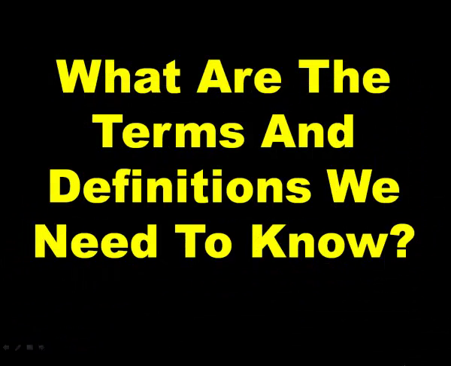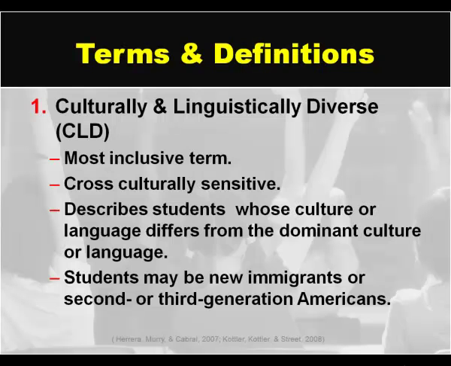What are the terms and definitions we need to know? There are 9 essential terms that need to become part of your professional vocabulary. Number 1, cultural and linguistically diverse, acronym CLD.